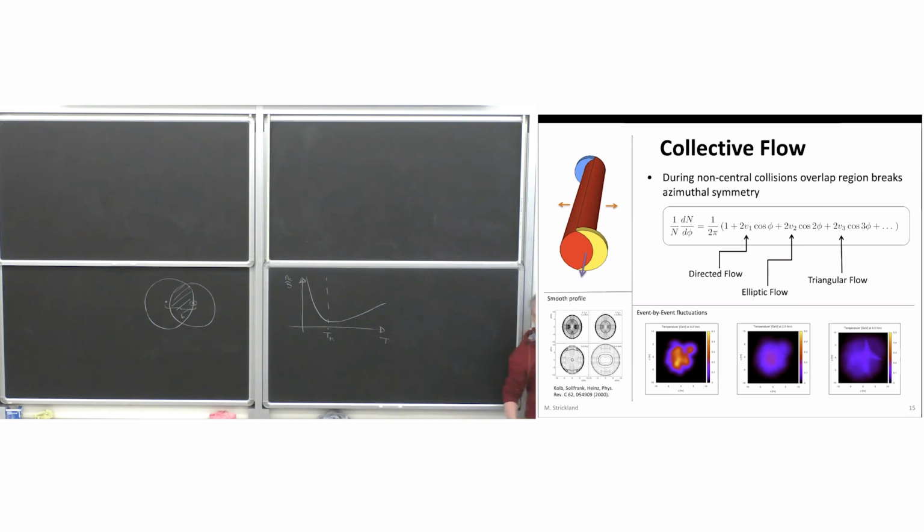Of course, it's a periodic function because it's a circle, and therefore I can always decompose it into a discrete Fourier series in terms of cosine 0 phi, 1 phi, 2 phi, 3 phi, and the coefficients in that discrete Fourier series are V1, V2, V3. V2 is the one that people were primarily interested in. There's lots of physics related to the rest of them, and I'll show you some stuff about V3.